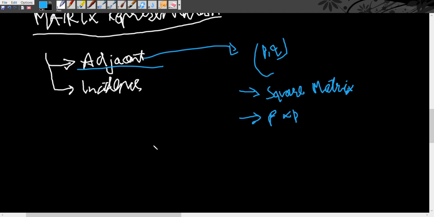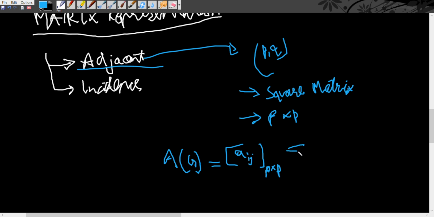It is denoted as A(G), the adjacency matrix of G, equal to the matrix Aij of order P cross P. Pardon my handwriting, I'm not that good.